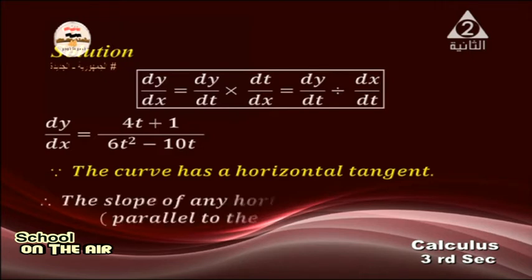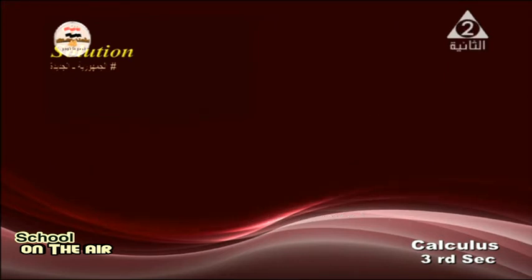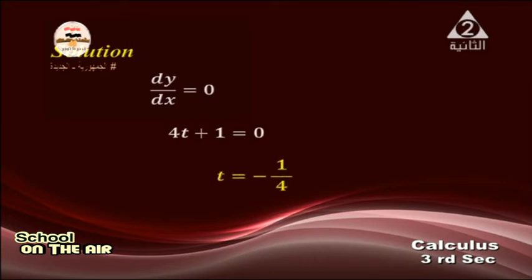Then the slope of any horizontal straight line parallel to the x-axis equals 0. Then dy/dx equals 0. Then the numerator 4t plus 1 equals 0, then t equals negative one quarter.